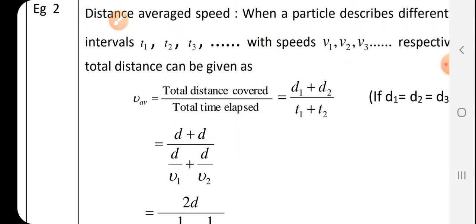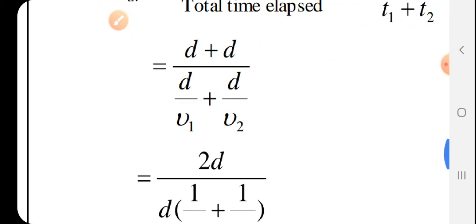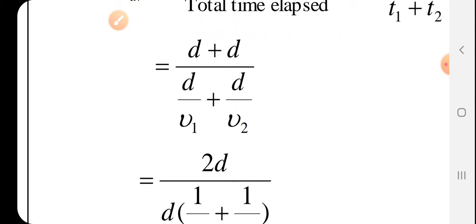But time is not given to you and not required. So we have to replace time in terms of distance and speed. So time t1 equals d divided by v1 and t2 equals d divided by v2.